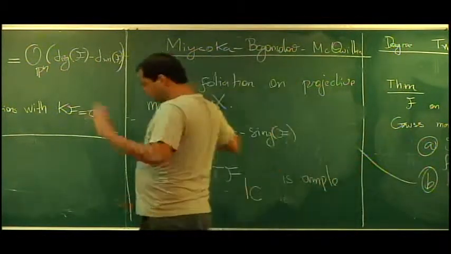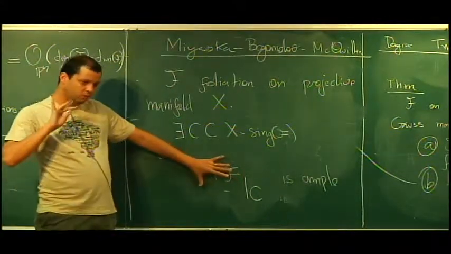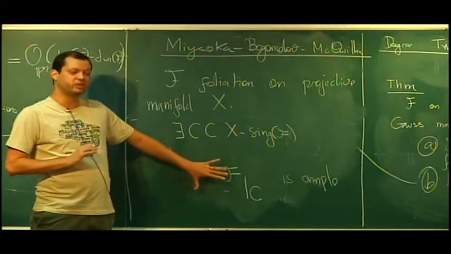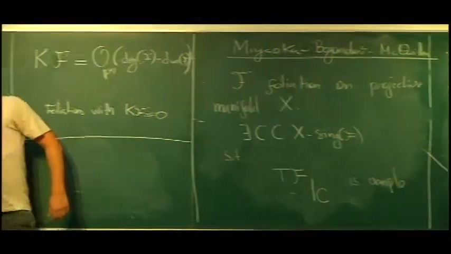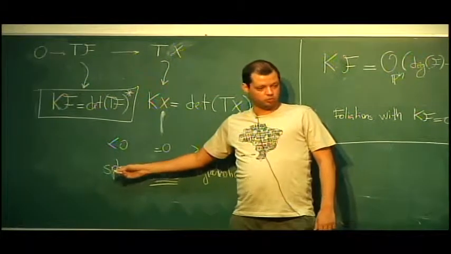So, just to have an idea what's happening, ampleness is a really strong form of positivity, meaning that when I take the dual, I have a really strong form of negativity. So it should be close to the spheres.